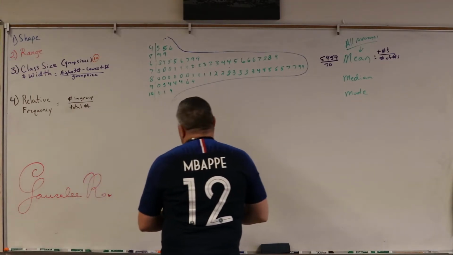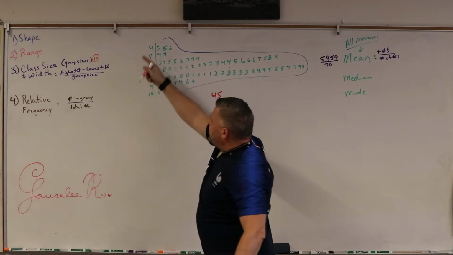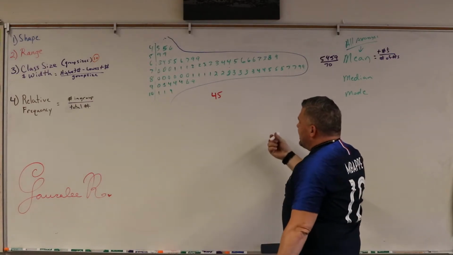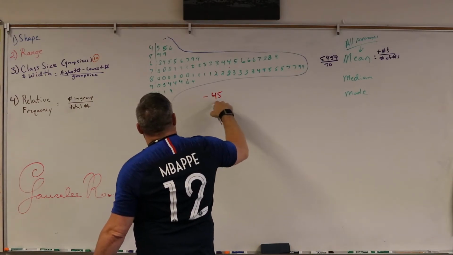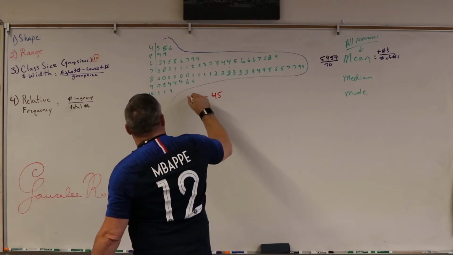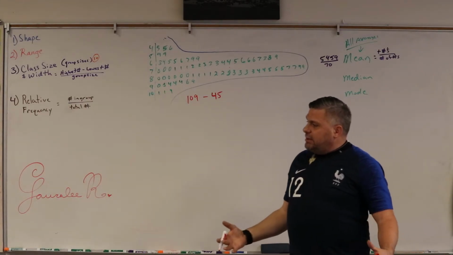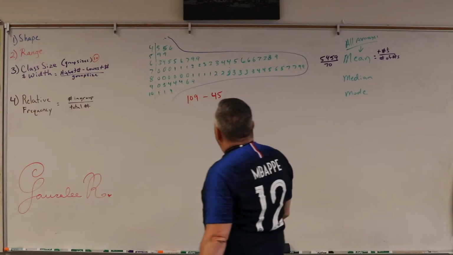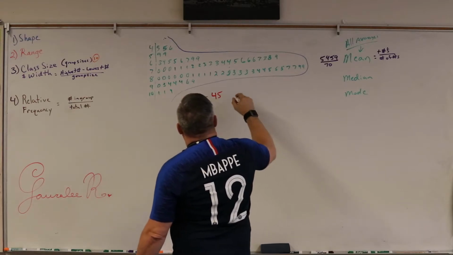Pretty simple. The range goes from 45, your first number, to your last number. You subtract the 45 from the last number, which is 109. So the range goes from 45 to 109.